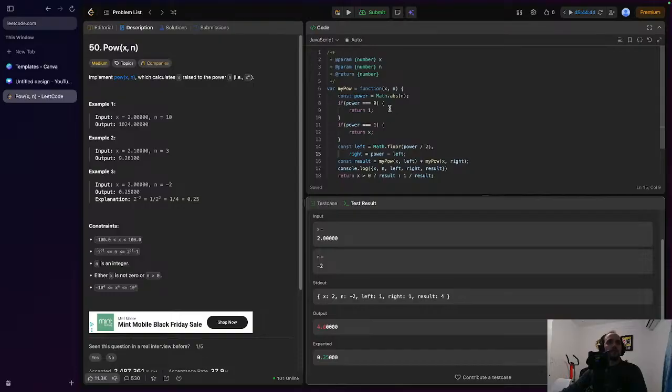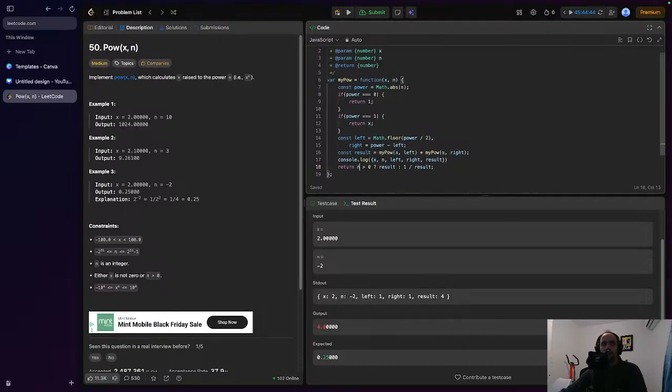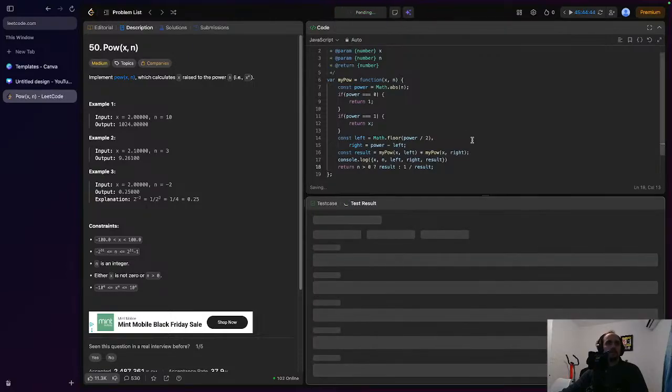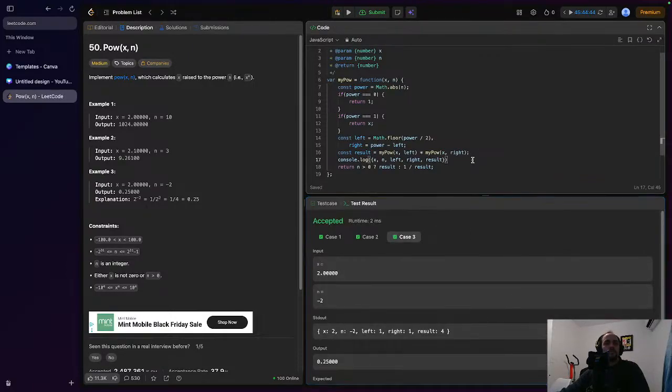And that's because we're going down this route, because they both end up being 1. And then it should be n. My mistake. Excellent.